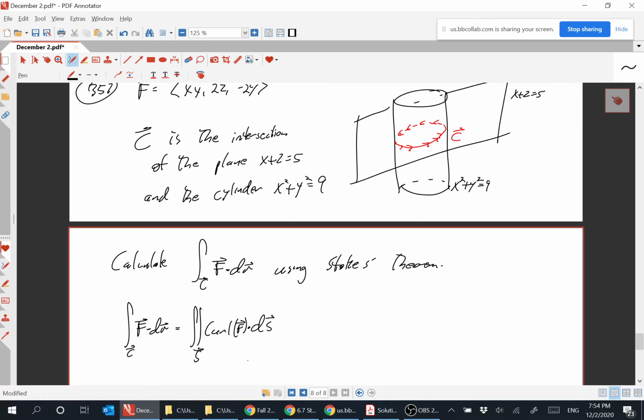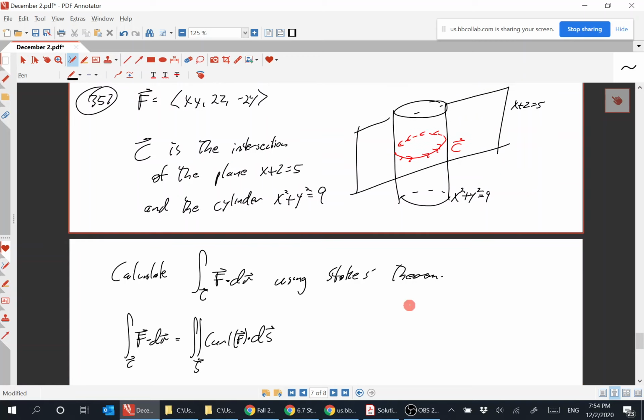So what surface would you pick? x squared plus y squared equals 9? Well, that doesn't have C as the boundary. Well, sorry, C lives within the surface.